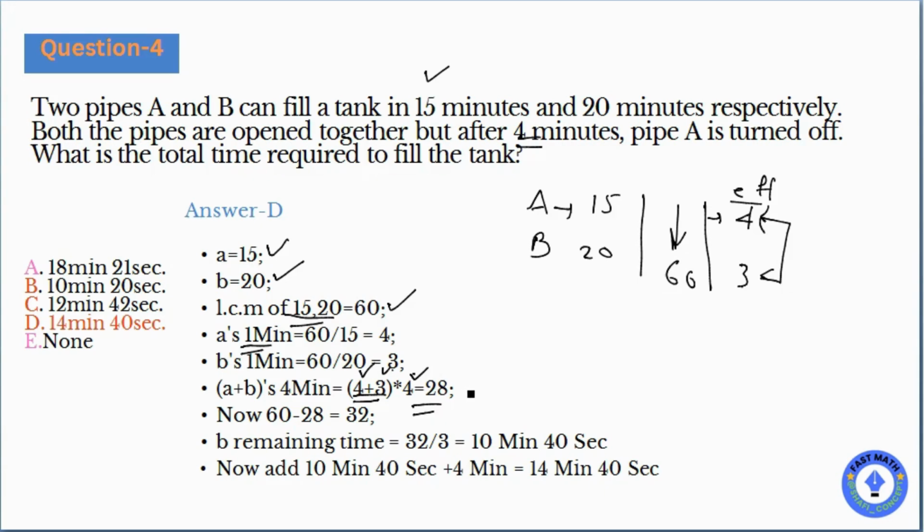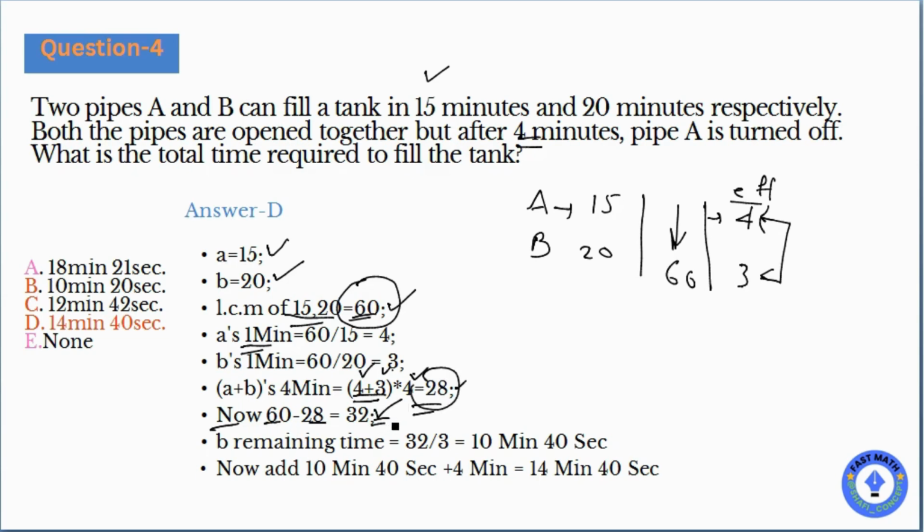This is the work done. What is the LCM of these? The remaining will be 60 minus 28, because the total capacity is 60, but up to 4 minutes 28 is done. What is the remaining? It is 32.